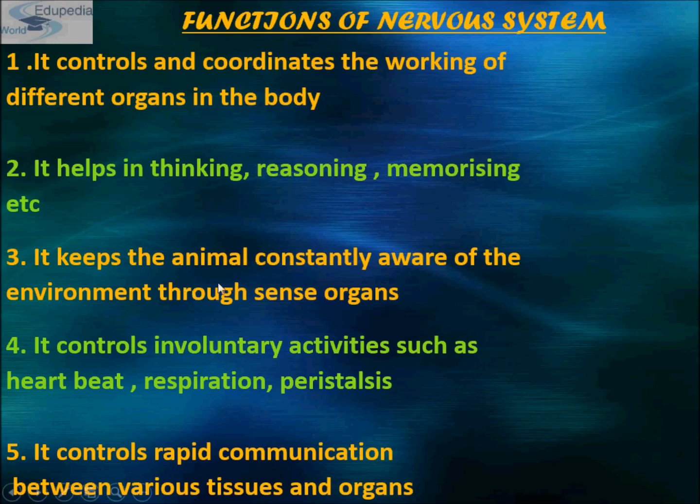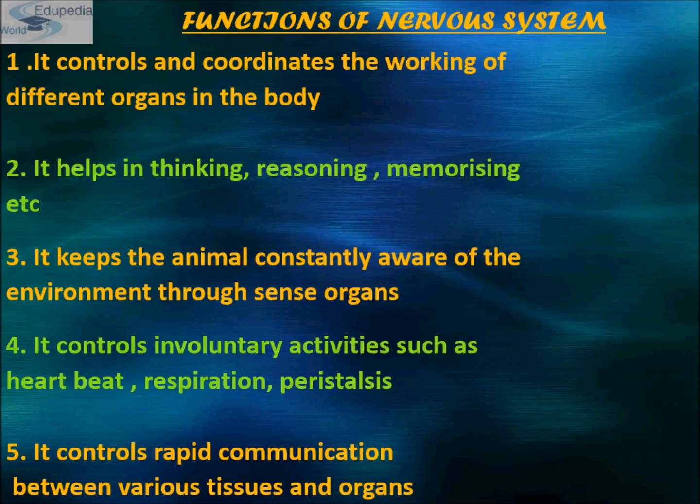It controls involuntary activities such as heartbeat, your respiration, that means you're breathing in and out, that is inspiration and exhalation, and your peristalsis, how food is swallowed down your esophagus to the stomach. So your nervous system controls involuntary activities such as heartbeat, respiration and peristalsis.